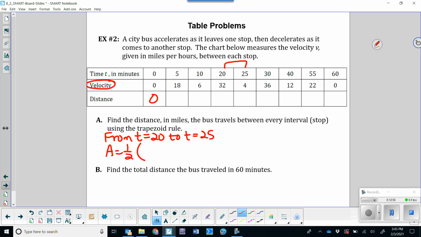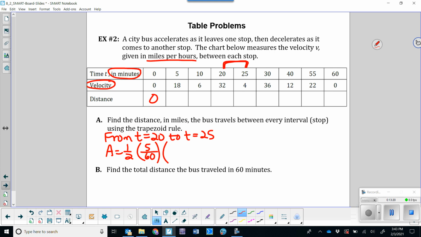The chart gives me miles per hour and the time is in minutes. So really important to remember that. So the width of my interval here is 5, so that's the height of my trapezoid, but it needs to be 5 over 60 because it's 5 minutes, so it's 5/60th of an hour.